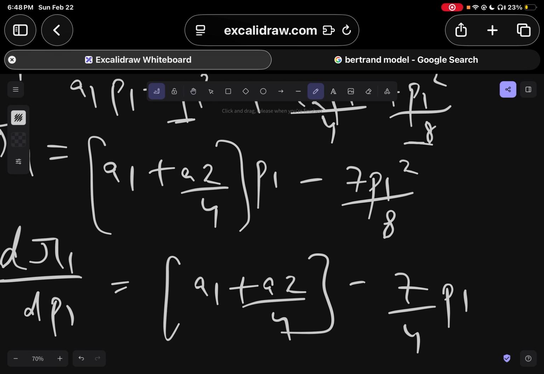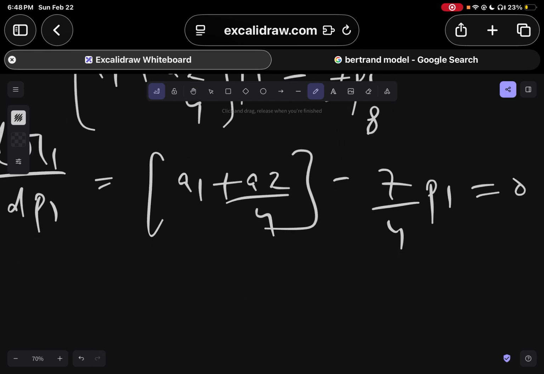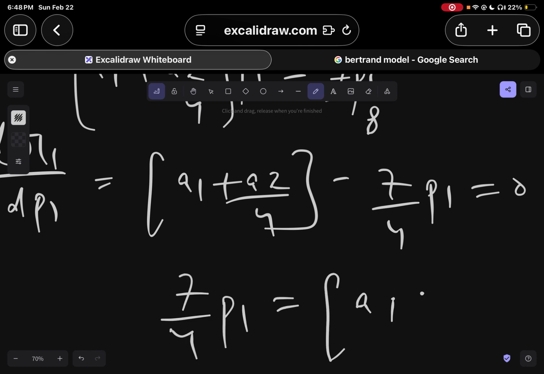We just differentiated with respect to P1, which is equal to 0. Now, in terms of P1, we get 7 upon 4 P1 on the right hand side, and the rest would be the same, A1 plus A2 upon 4.